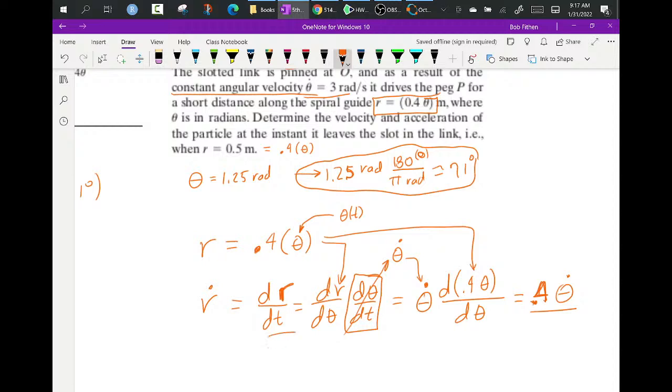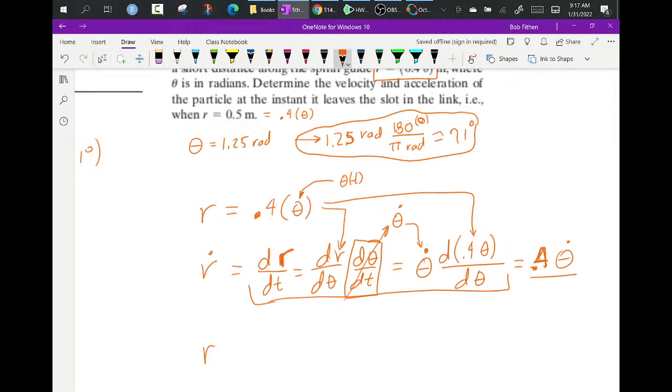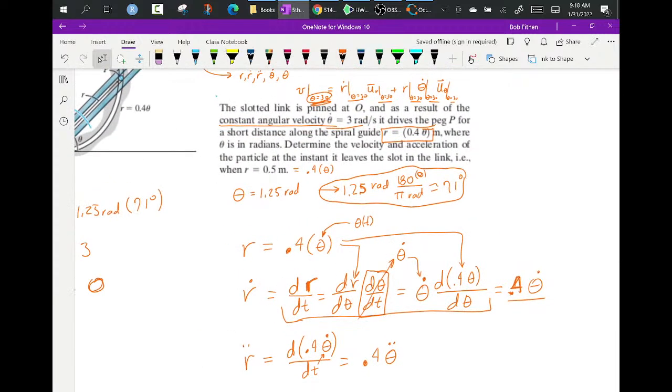But I wanted to go through this exercise to get us prepared for any future possible steps that might occur soon. In this particular case, I don't think there's any reason to go through this, because now I take the time derivative of that and I get that. Oh, he did say he wanted to find the acceleration too.